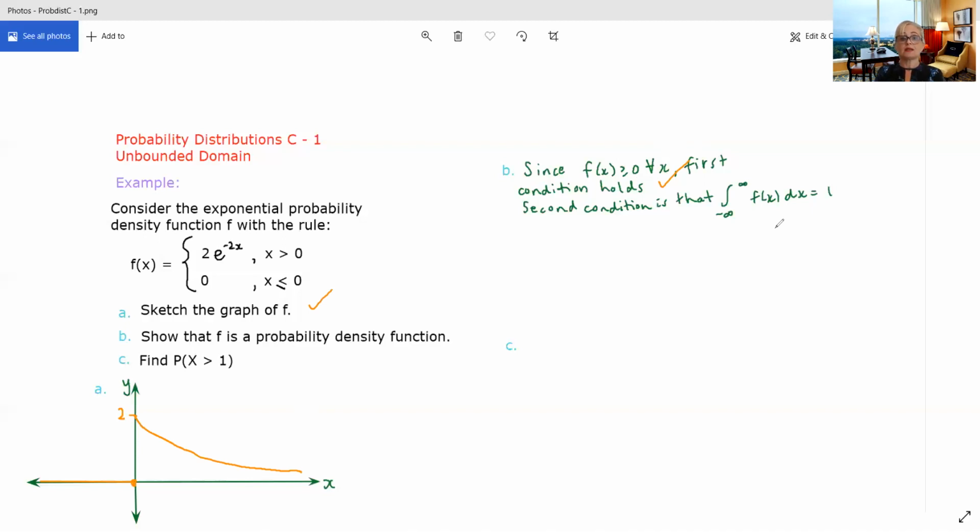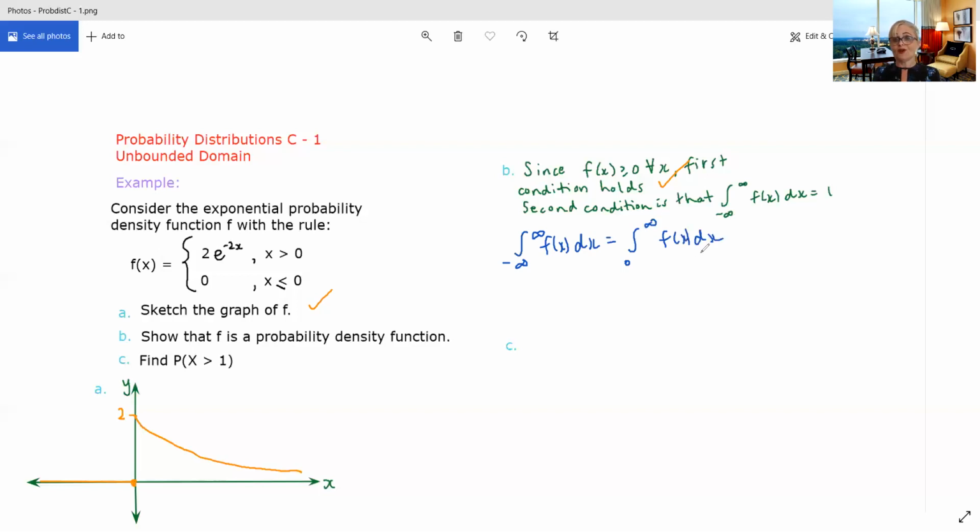We don't need to consider from 0 down to negative infinity because the function's just 0 there. So really, from negative infinity to infinity, all we're concerned with is from 0 to infinity.